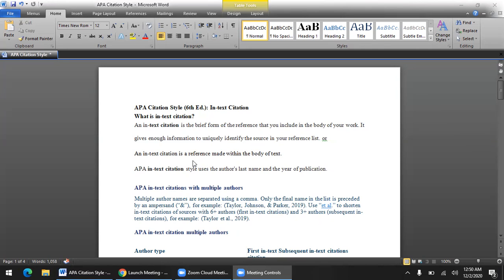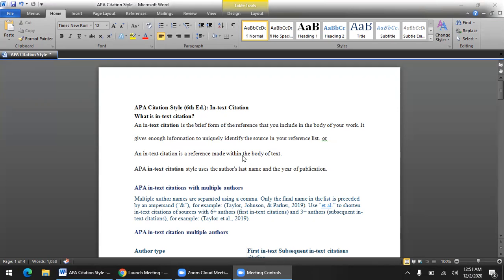An in-text citation is a reference made within the body of text. Whether it is in the introduction, literature review, or conclusion, whenever you are citing the work of others in your body. In an essay there are three important parts: introduction, body, and conclusion.